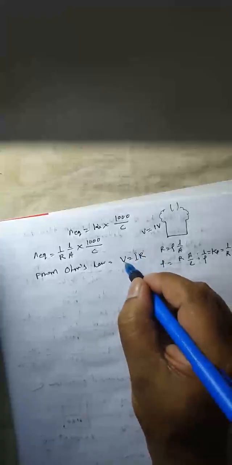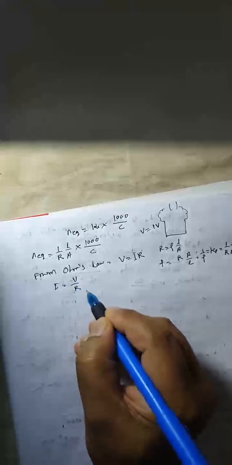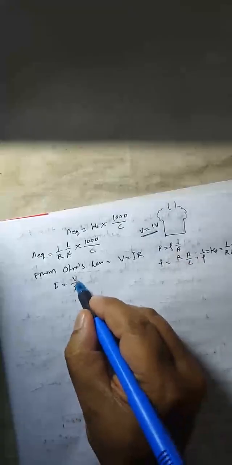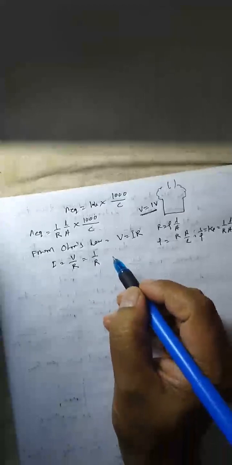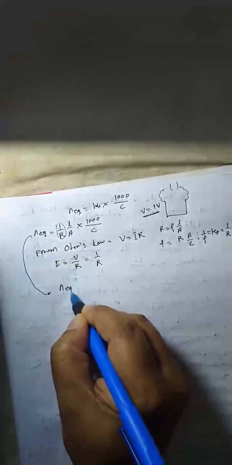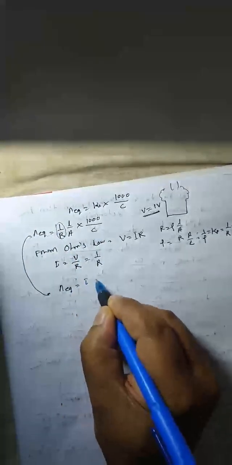We apply potential, I is equal to V by R. Voltage we consider 1 volt, so in place of V I write 1, and I is equal to 1 by R. So in place of 1 by R, I can write I, current in ampere. Then the above equation can be written as lambda eq is equal to I into length, which is 1 centimeter.